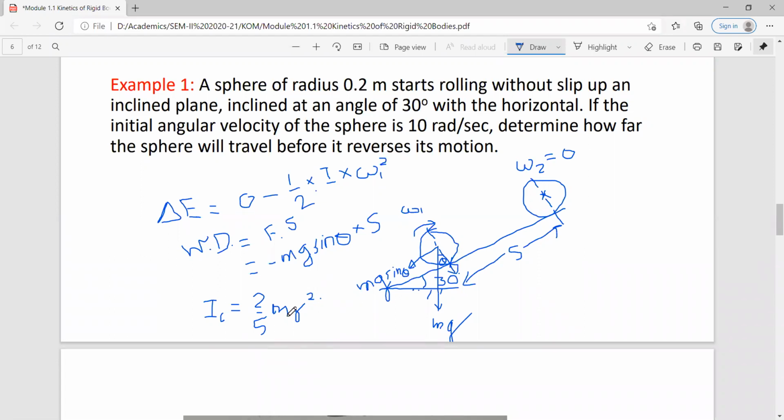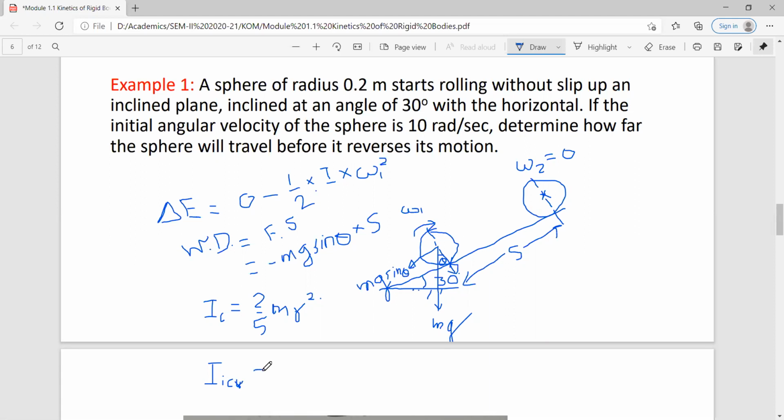So for that we use the parallel axis theorem to calculate the mass moment of inertia. So how will you calculate the mass moment of inertia about the point ICR? You call it an ICR point because about this point of contact, this sphere is turning.